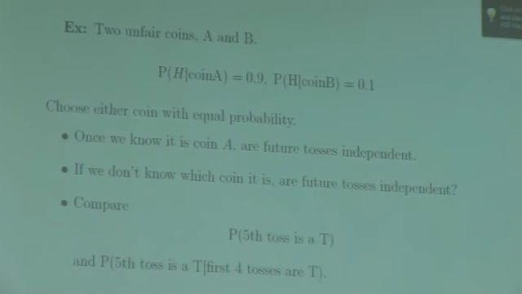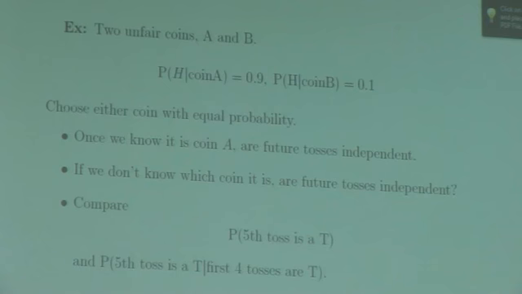The past outcomes carry information about which coin it may be. So successive tosses are not independent of each other unconditionally. But conditionally, they are independent.